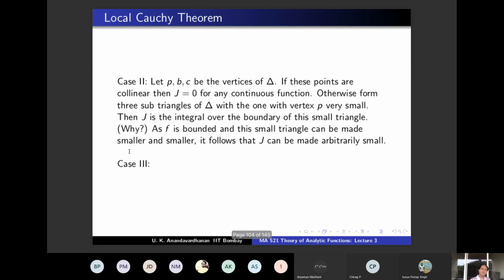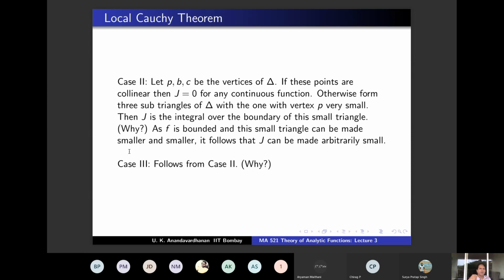Okay. Case 3 follows from case 2. Why? Because what is case 3? P is an arbitrary point of the triangle. If P is a vertex, we have already done it. So arbitrary point of the triangle and not a vertex, meaning it is a point on the triangle. If it is on one of the sides, again collinearity, no problem, it follows from case 2.